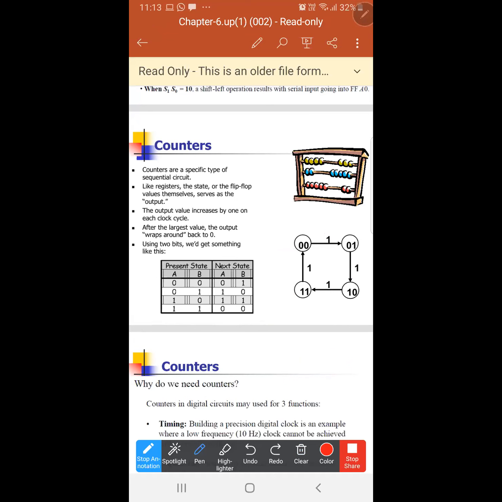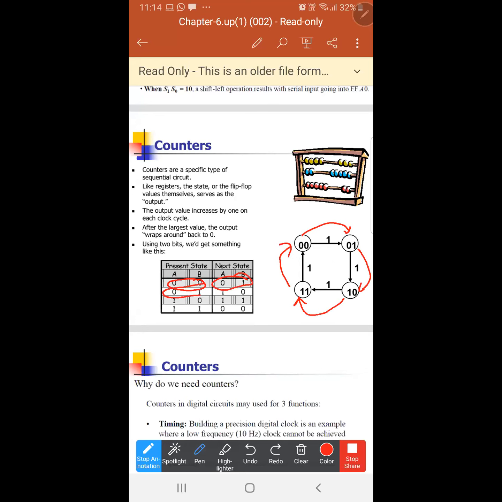Okay. So if I have this counter, it will go from 00 to 01, 01 to 10, 10 to 11, and 11 back to 00. Now start the state table. If you want to draw the state table, you have present state and next state. If you are at 00, the next is 01.